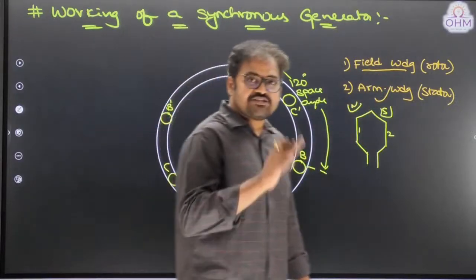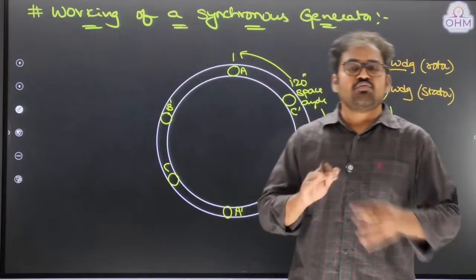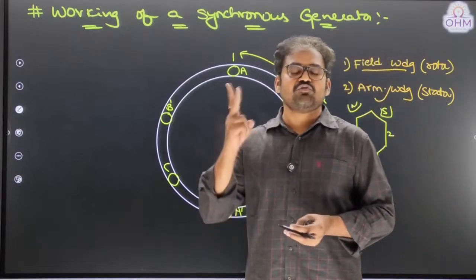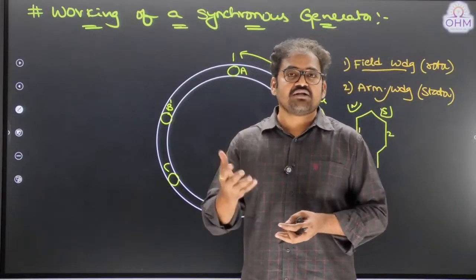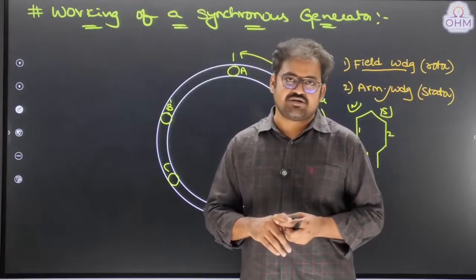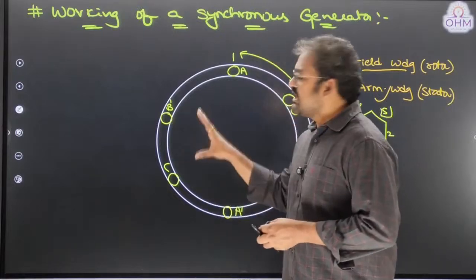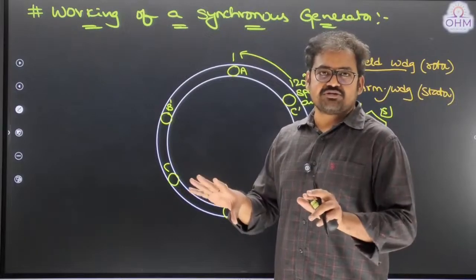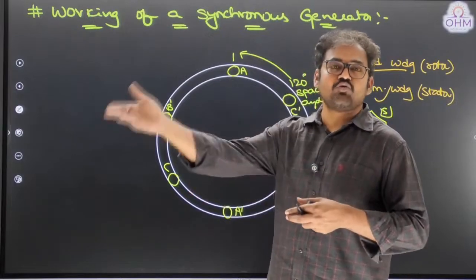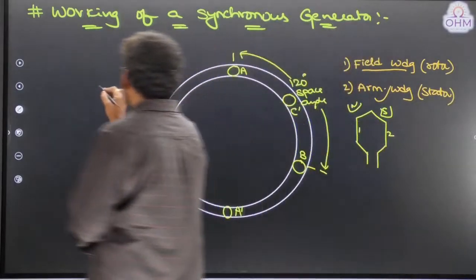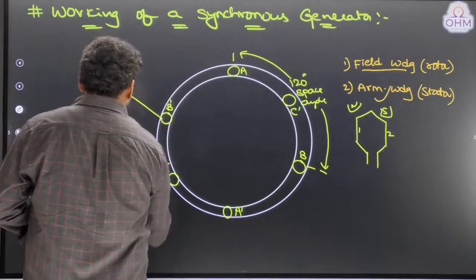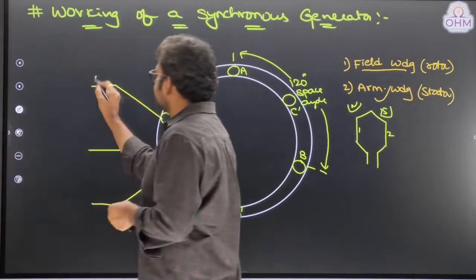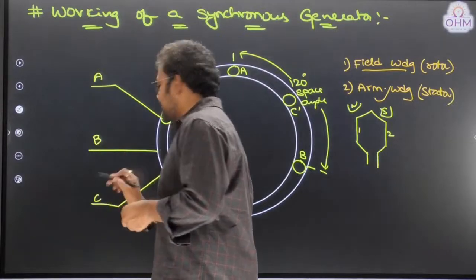When I said three-phase winding, we can connect this three-phase winding in two formats. One is star connection, another one is delta connection. Whether it is a star or delta, how many terminals will come as output? Three terminals. So line A, line B, and line C. These are the three output terminals.